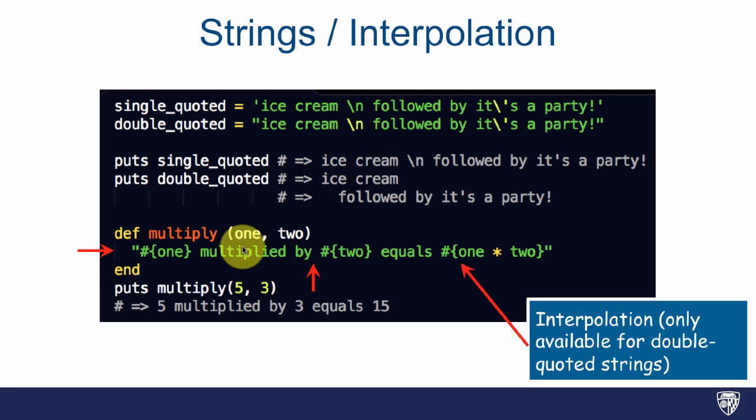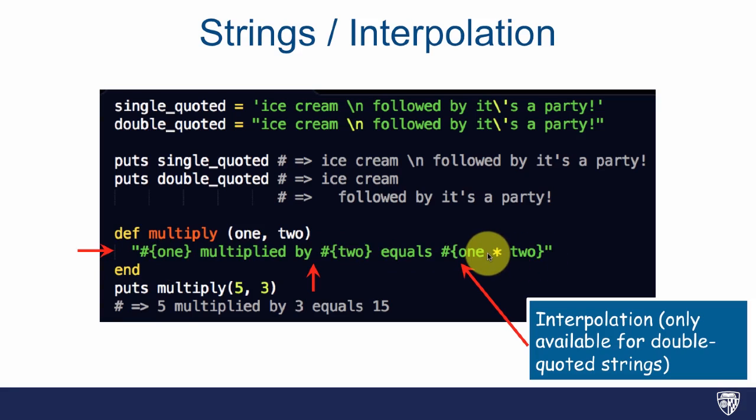Now, here's where the string interpolation comes in. Let's say you have a method that has parameters 1 and 2 and it needs to multiply them, and it needs to return a string that says 1 multiplied by 2 equals 1 multiplied by 2.